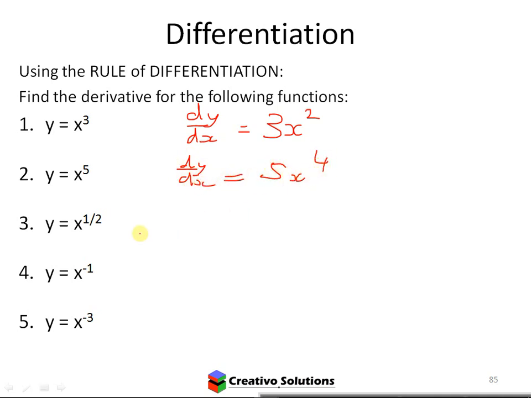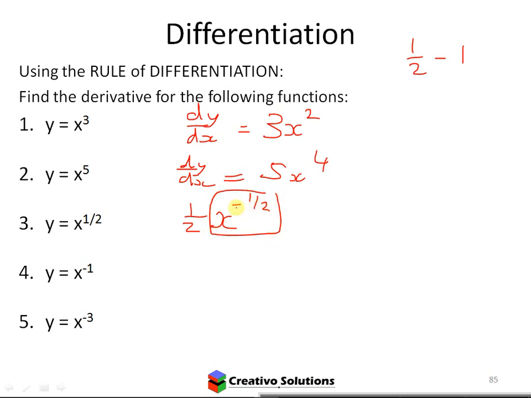What else? Next one? Half minus 1. A half minus 1 is what? Minus a half. Yes. Okay, minus a half. Should you write exponents like this?